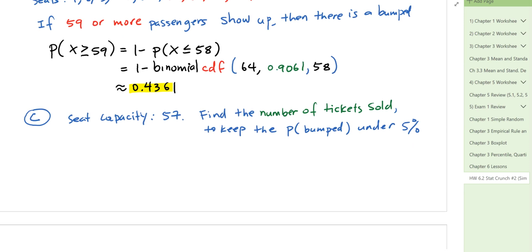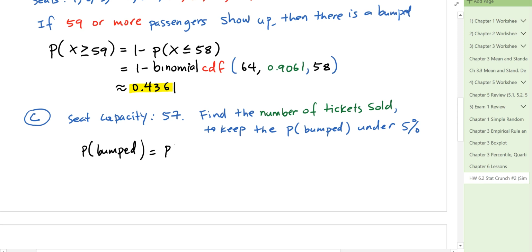Let's make a little table, right? So let's recall from the previous one, the probability of a bump, let me write it. The probability of a bump is equal to 1 minus... let me explain. If you have 57 seats and more than 57 passengers show up, then there will be a bump.